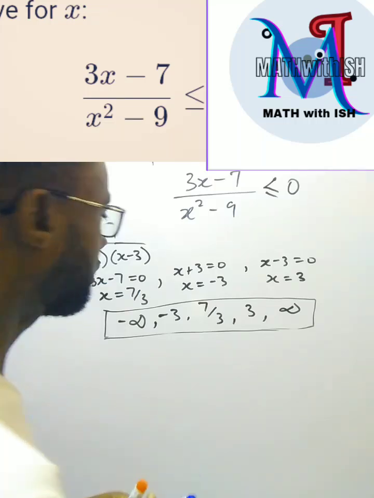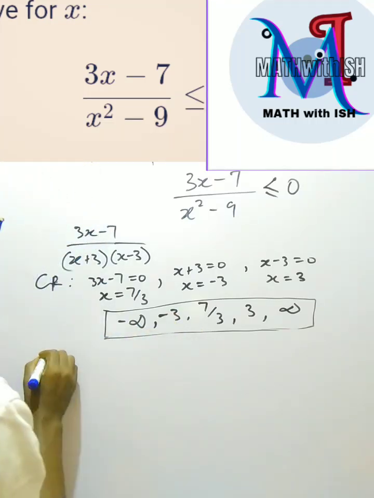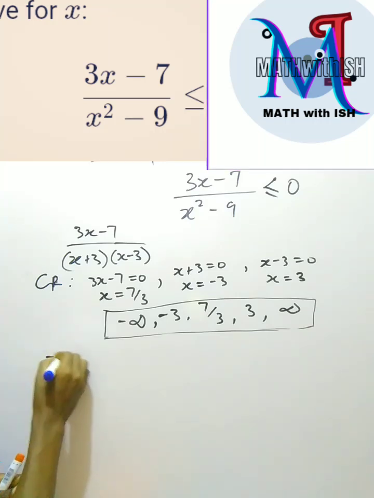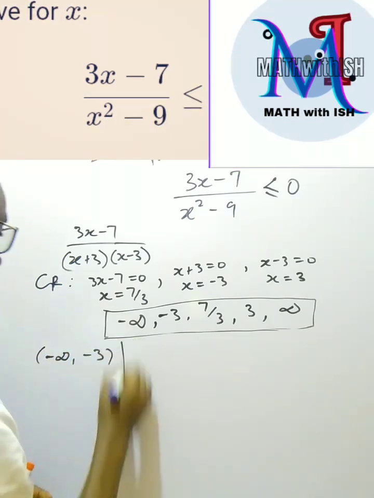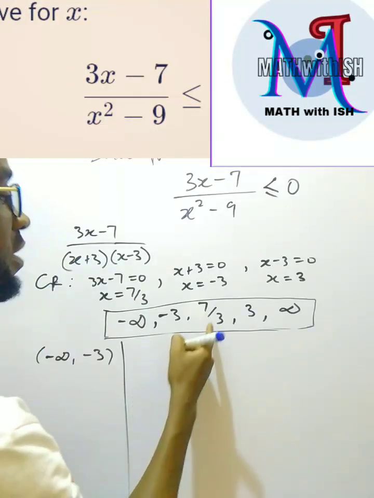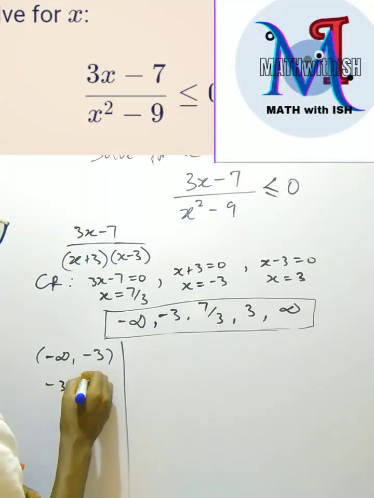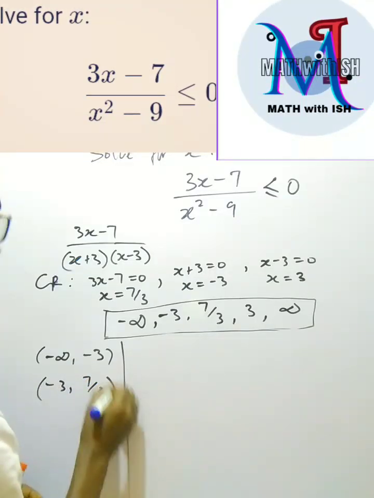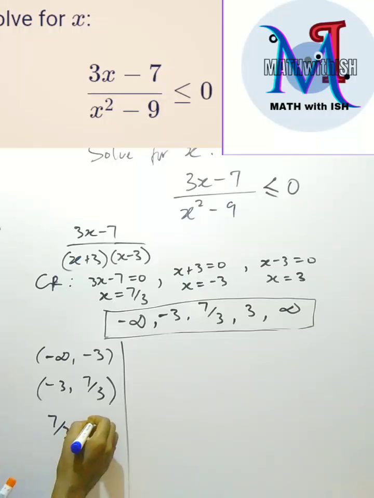Okay, so we are going to take them in pairs. The first interval we're going to test is minus infinity and minus 3. The next one is minus 3 and 7 over 3. The next interval is 7 over 3 and then 3.